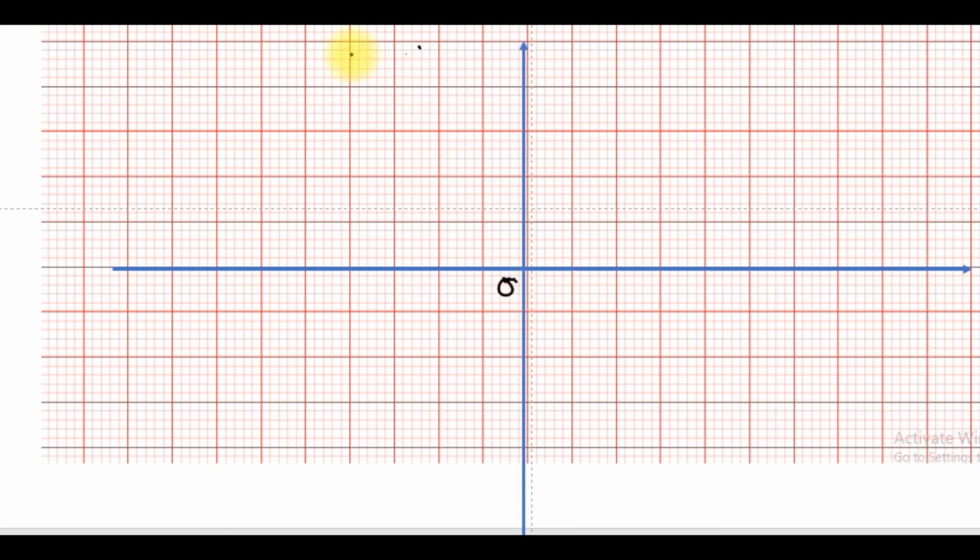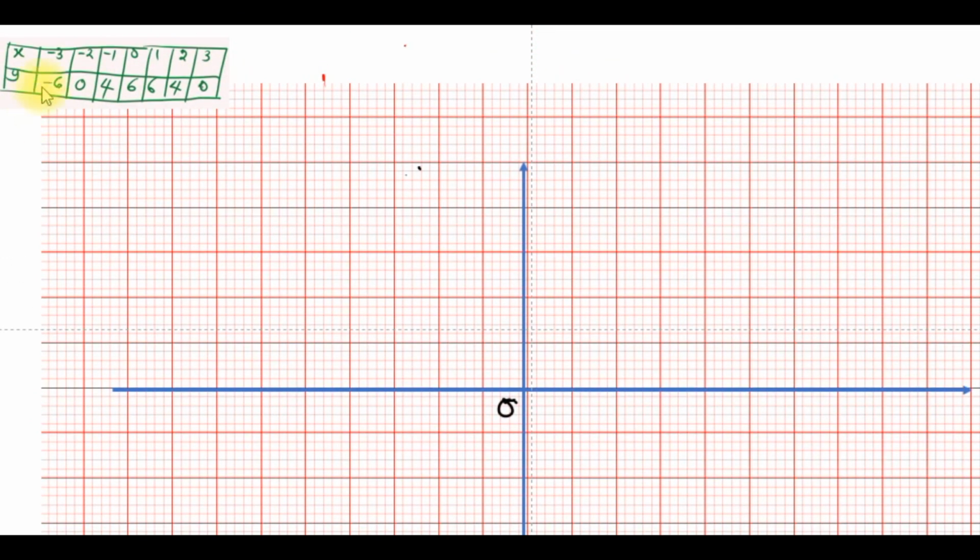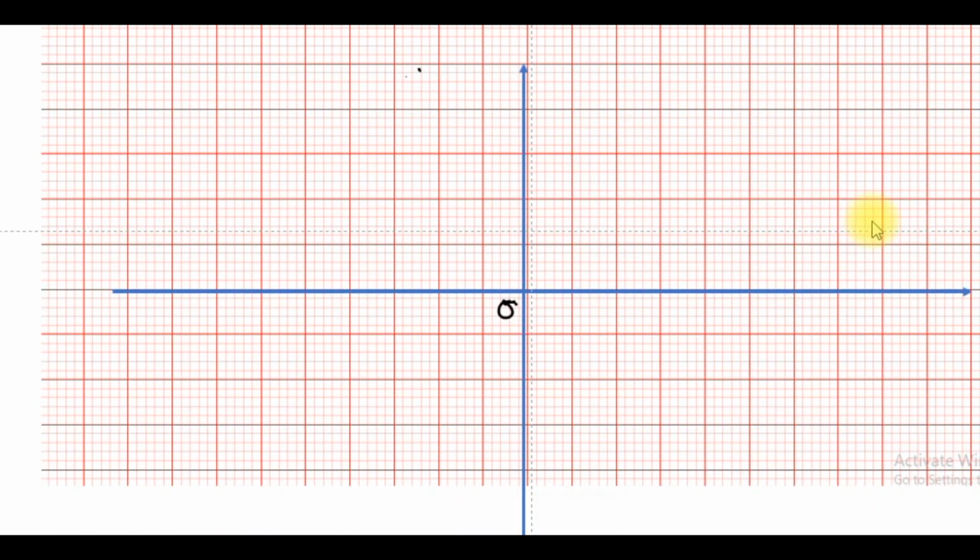So remember from the table, the maximum is 3 for x, while the minimum is minus 3. So let's locate the, but before then, let's write this y axis, this x axis. So let's locate this 1, 2, 3.